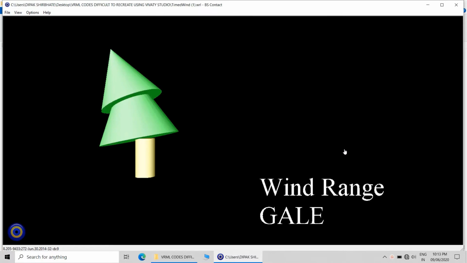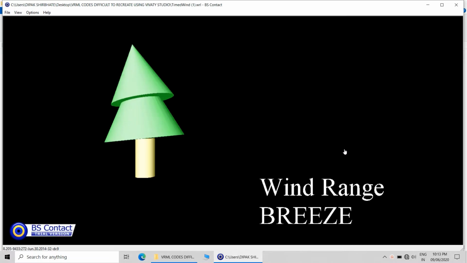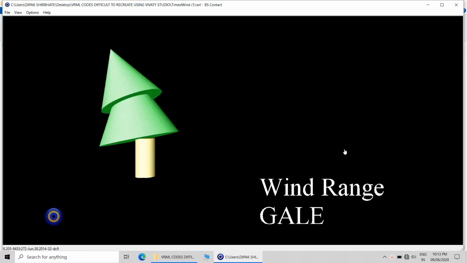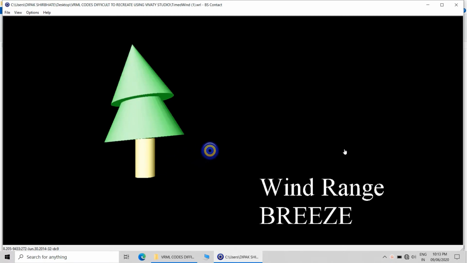Then this was another simple type of code which shows you whether there is a breeze or a calm or a gale. This was also very difficult to recreate. The logic is very simple, but the complexity of the code makes it very difficult to recreate.